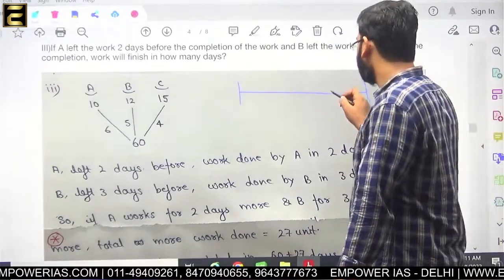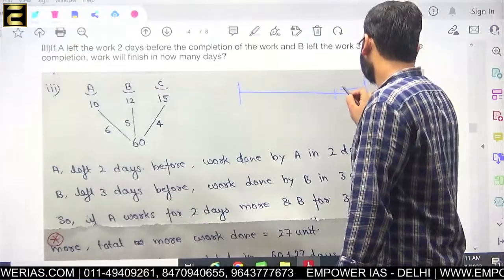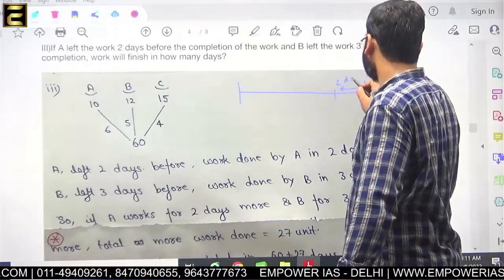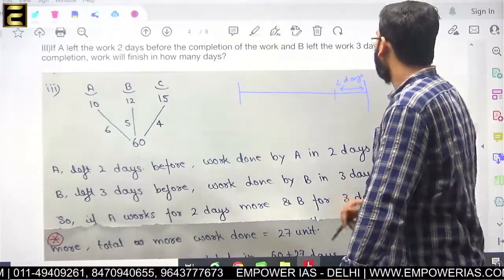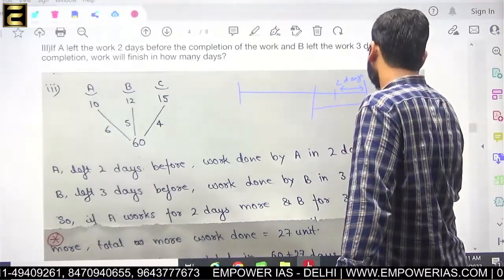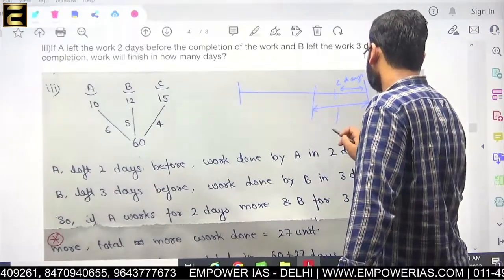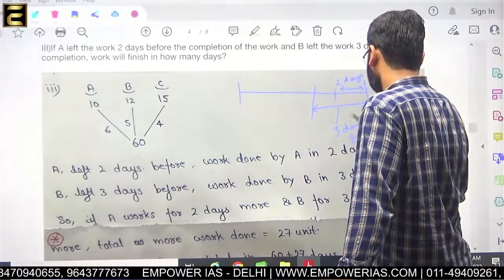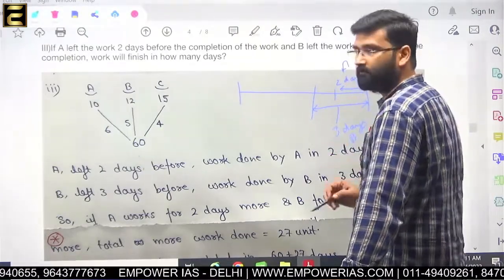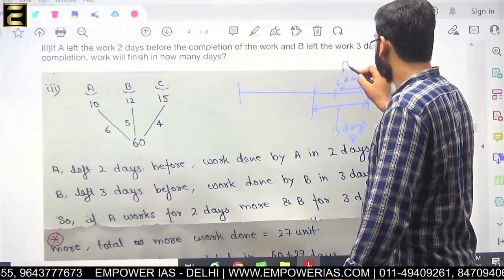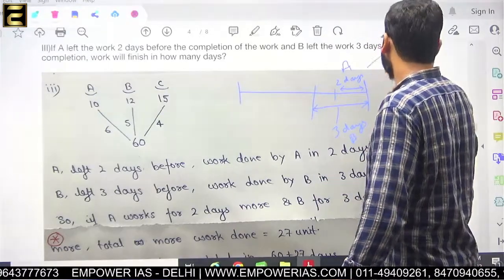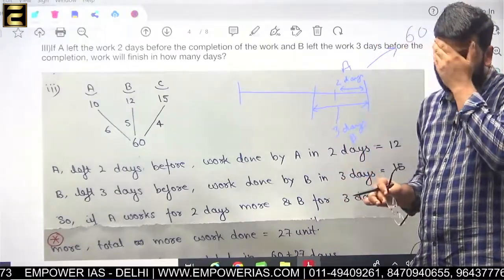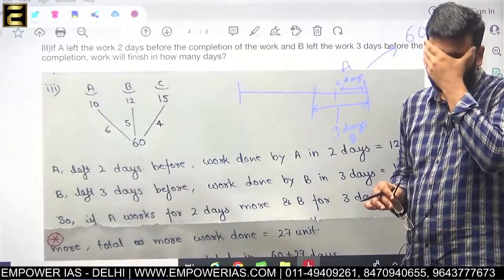Now A left the work 2 days earlier, and B left the work 3 days earlier. And the total work was 60 units. It means that C worked for all the days.